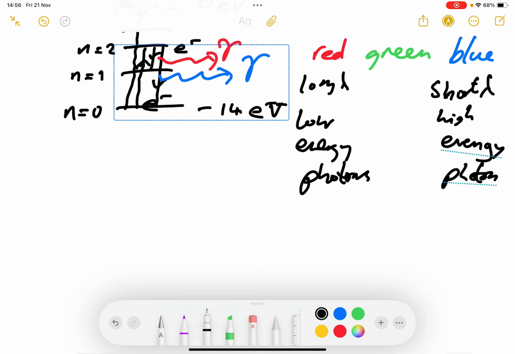And this is the low frequency, and this is the high frequency. So big gaps, high energy photons, higher frequency radiation, shorter wavelength, and higher energy photons.